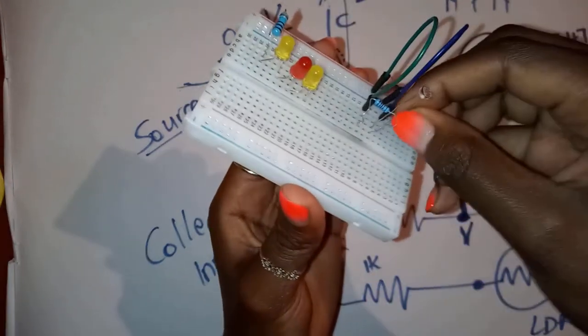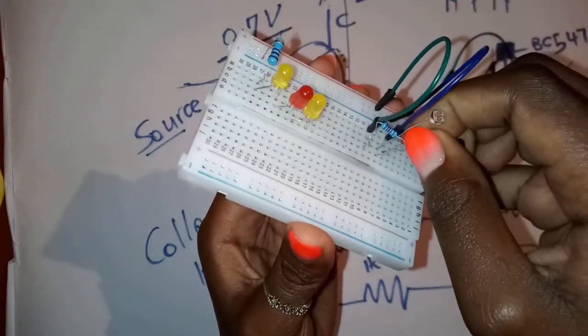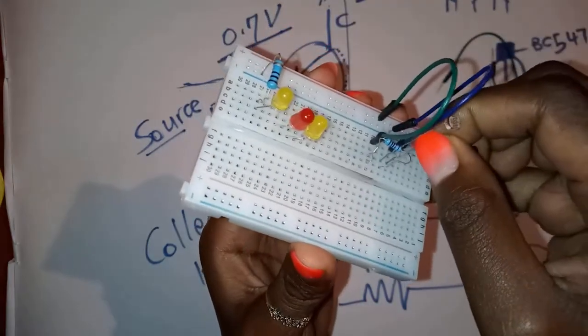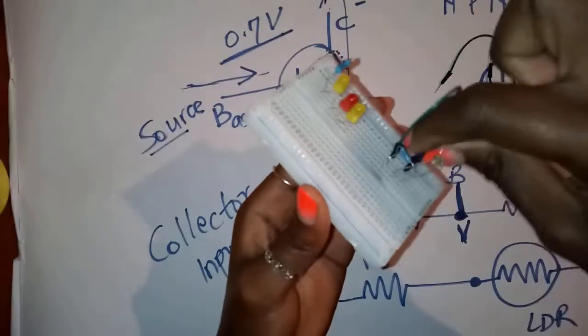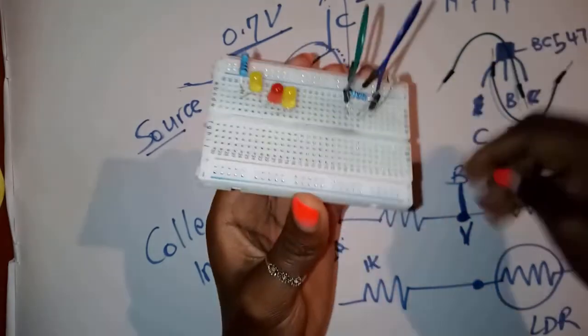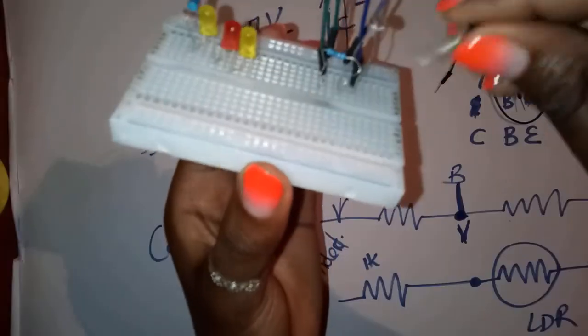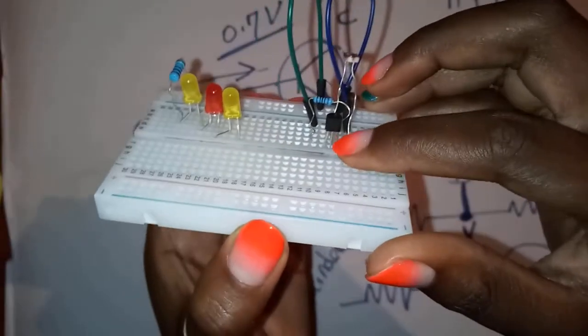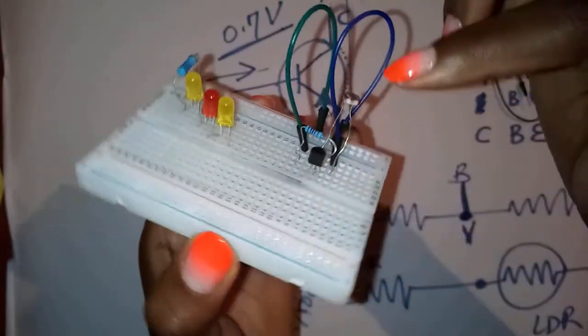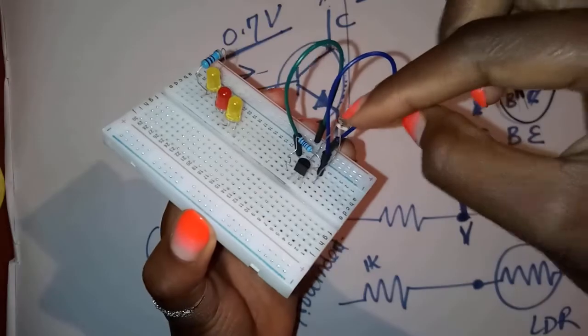Let me just move this a little bit further because they're too close and the transistor is like a small thingy. So I've not made any changes, I've just moved those a bit. The base is connected to where the two meet.